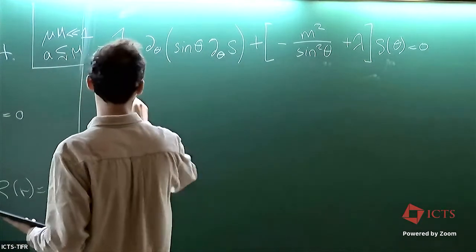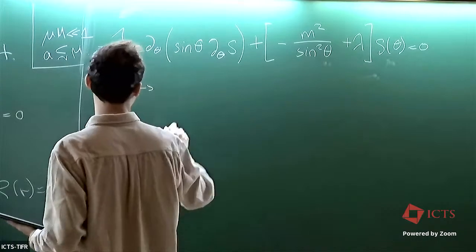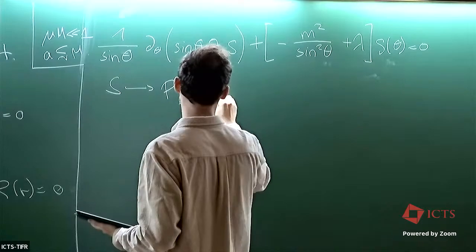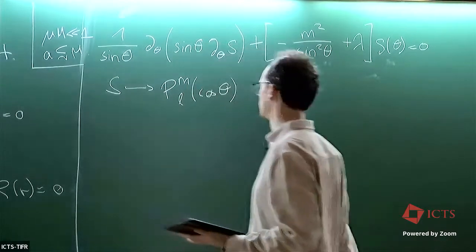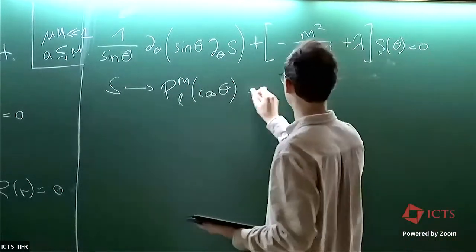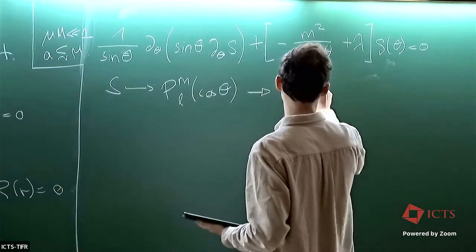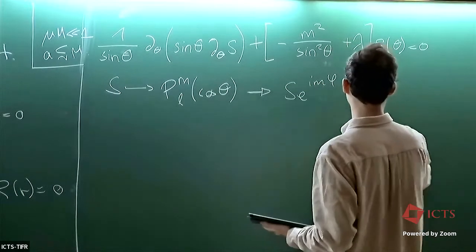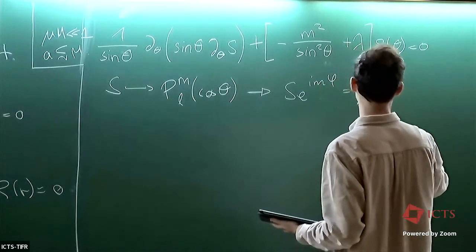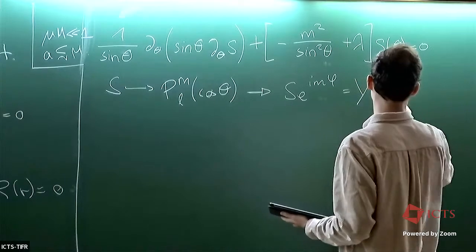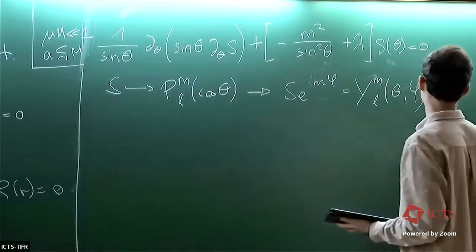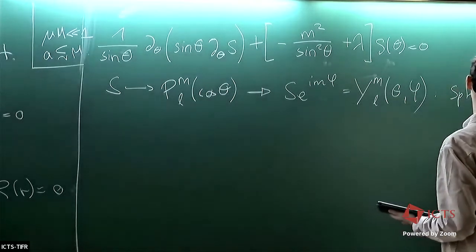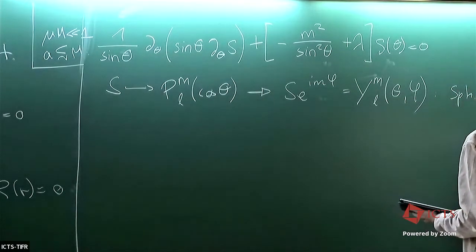So S basically goes to P_l^m of cosine theta, and that implies that S times e to the i m phi, that's the convention I used, is equal to the spherical harmonics.